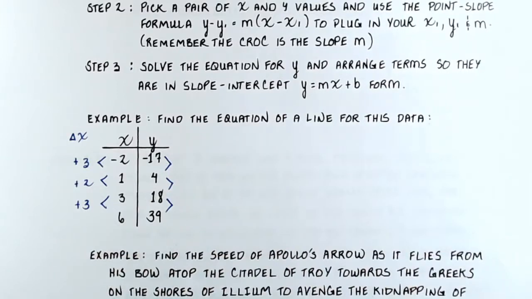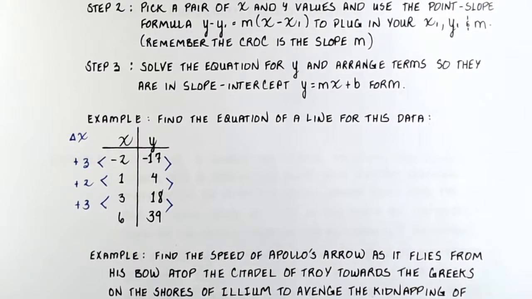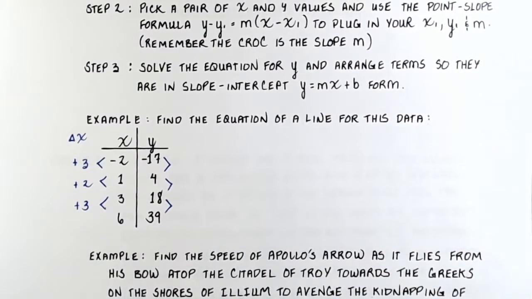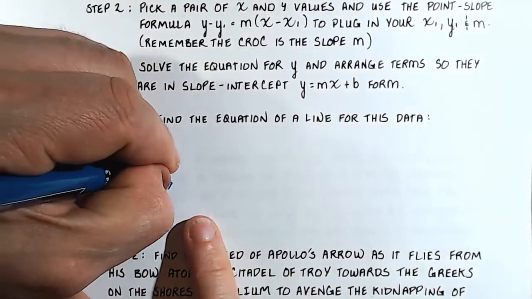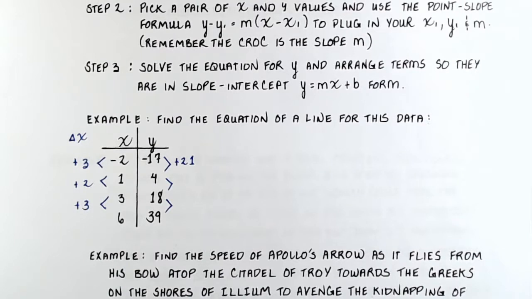Okay, from negative 17 to 4, that is plus, well, we go 17 plus 4, what is that, 21? Plus 21. From 4 to 18, what is that, 14?